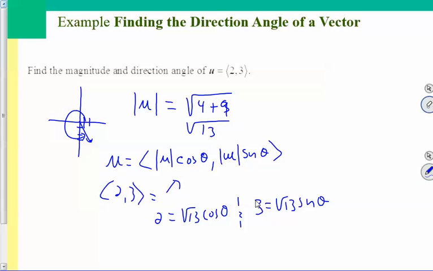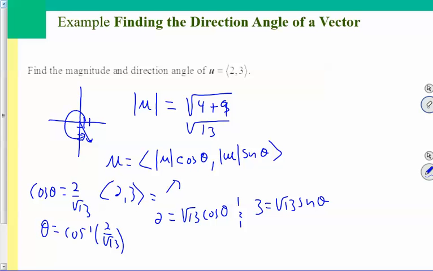So cosine theta is equal to 2 over radical 13, and then theta is the arc cosine of 2 over radical 13.